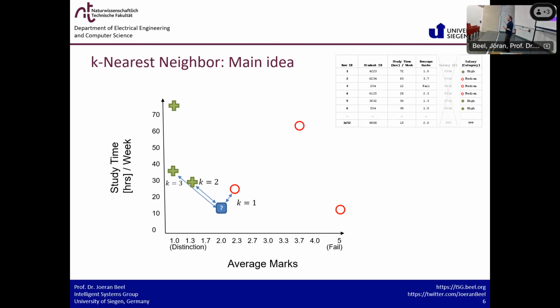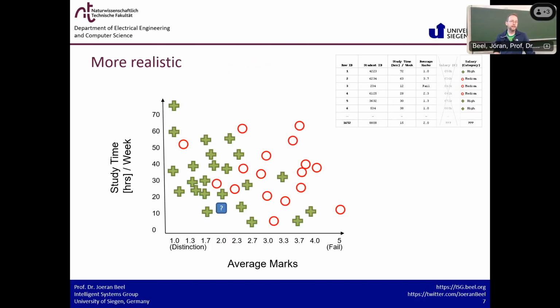This friend who's like me, more or less, I will probably earn around the same as this person. So that's the basic idea of k-nearest neighbors. Most people apply that all the time in their daily life. More realistically, the data probably looks like this.